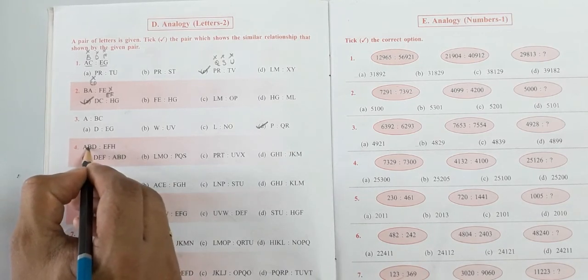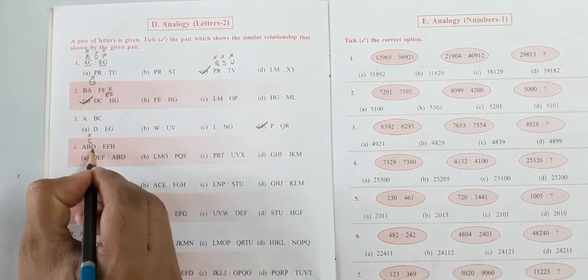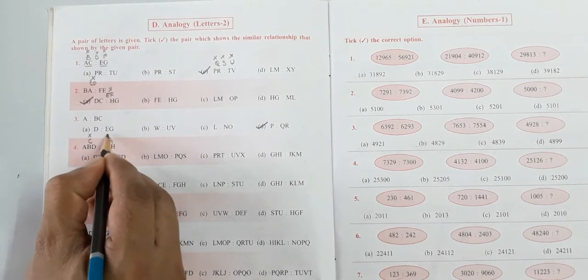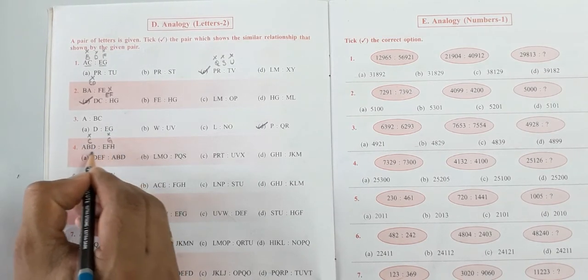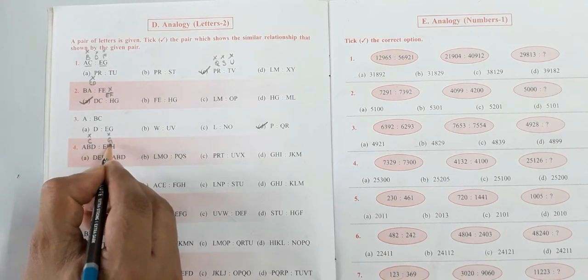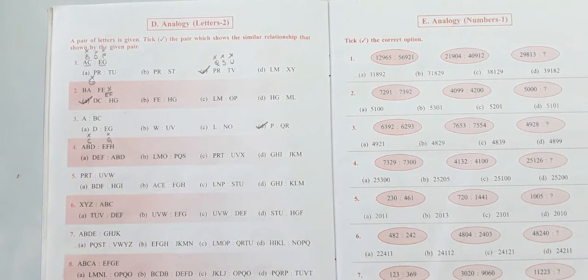A, B, clearly C is missing. D, E, F, G is missing. So if you observe, the given relationship between the letters is in a continuous sequence A, B, C, D, E, F, G, H, whereas one letter after the two letters is missing. Like that we have to find the sequence.